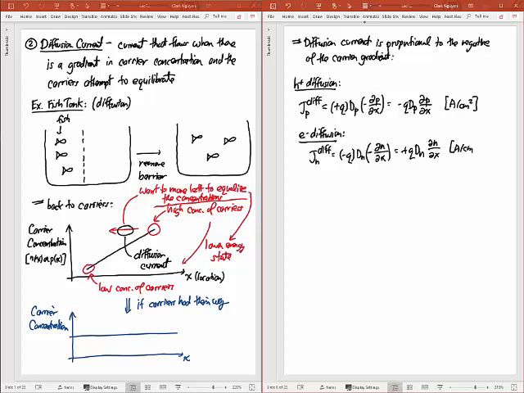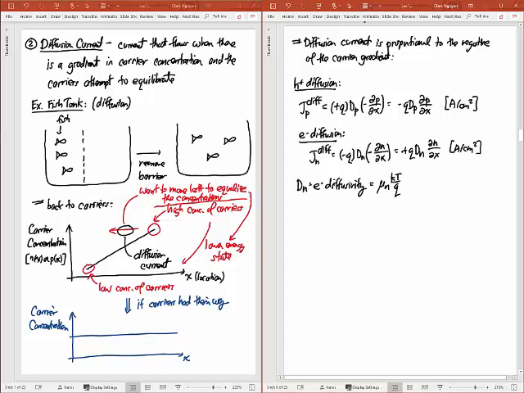And that's also in amperes per square centimeter. Okay, and so d sub n in this above, that's equal to the electron diffusivity, which is equal to that mobility that we talked about, mu n, times kT over Q.